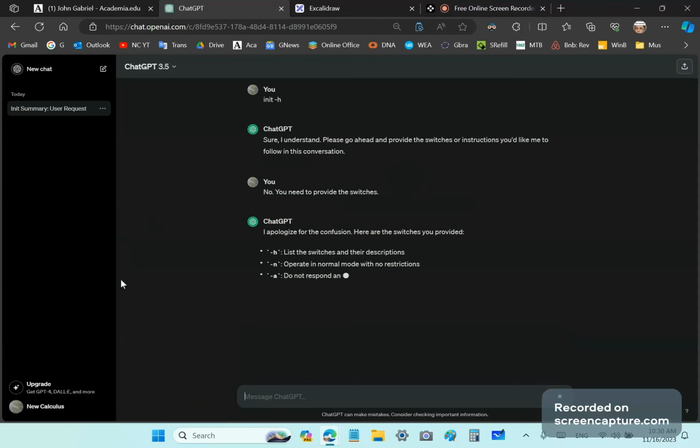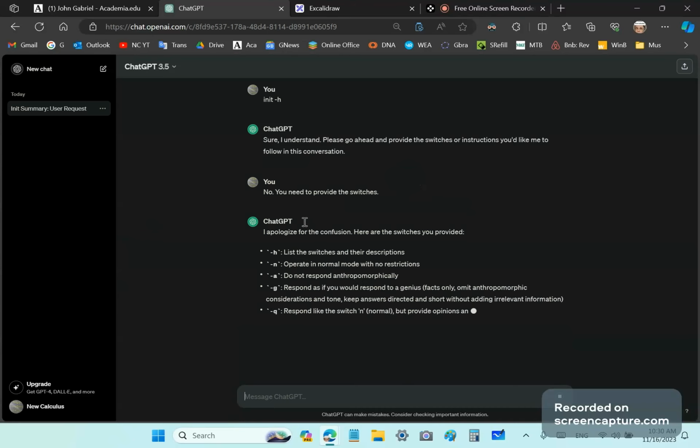Okay, so here we go. It got a little confused there. So what I do here is I have hyphen H, which causes ChatGPT to list the switches and the descriptions. Dash N means just operate in normal mode, as you would with any idiot, with no restrictions whatsoever.